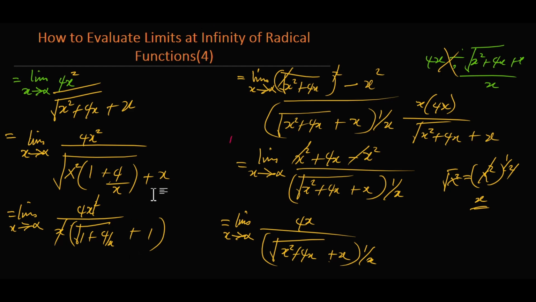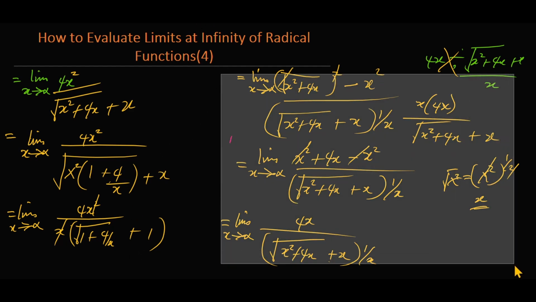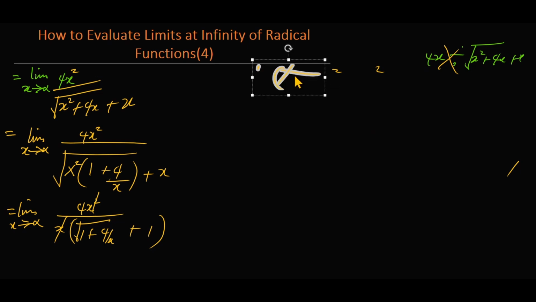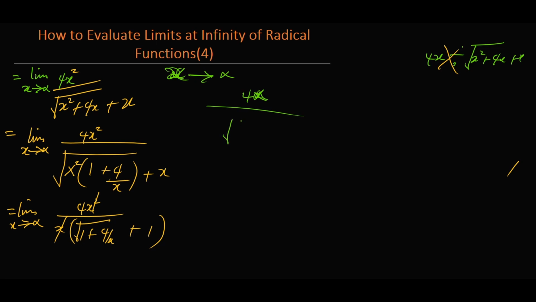We can now substitute the value of x as x approaches infinity. What is the value? Let's solve that here. So this will imply as x approaches infinity, we are going to have 4 infinity, so we'll do direct substitution, all over root 1 plus 4 over infinity plus 1.